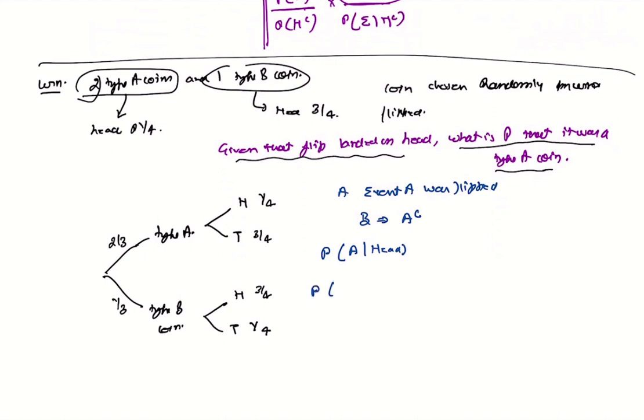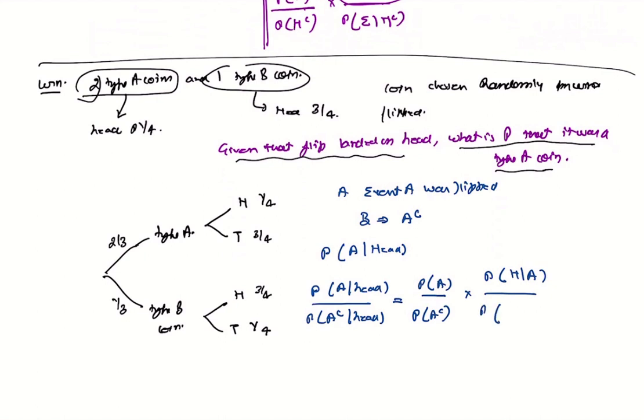So the probability of A given head divided by the probability of A complement given head is going to be probability of A divided by probability of A complement, multiplied by probability of head knowing that it's an A over probability of head knowing that it's A complement.